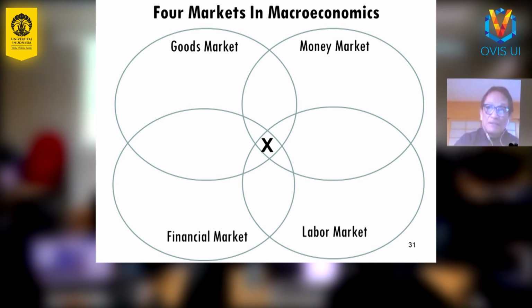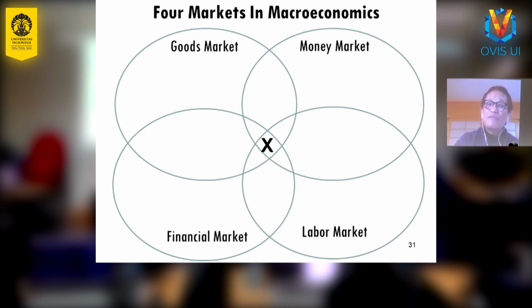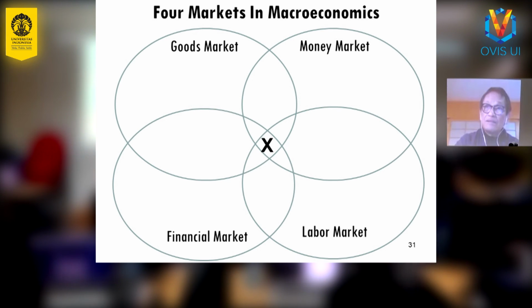And the best example is what happened in 2008. If you use this workhorse model, it fails to explain extreme events like the 2008 global financial crisis. And if it fails to explain the phenomena of 2008, how can we expect policy guidance from macroeconomic theory? What needs to be done if there is a crisis?